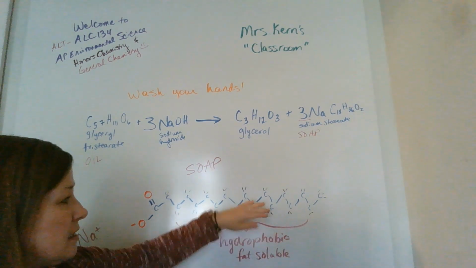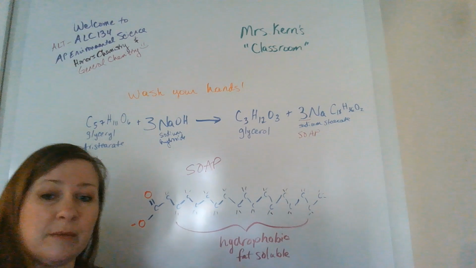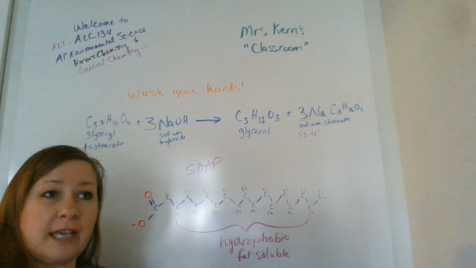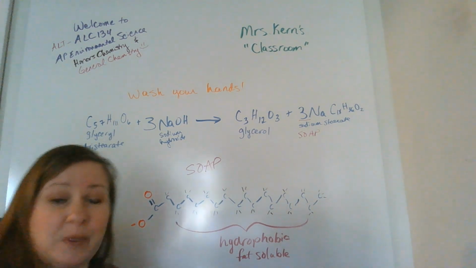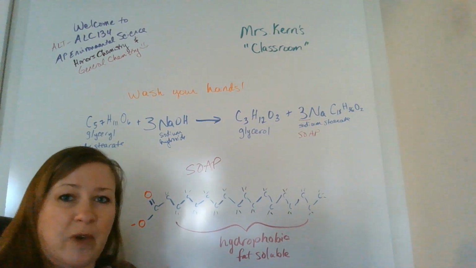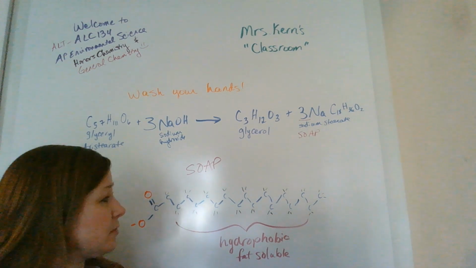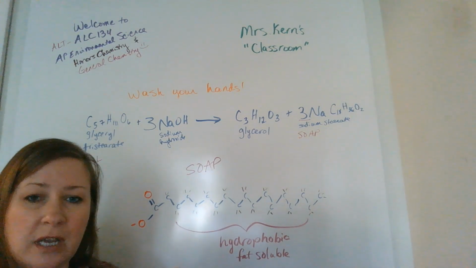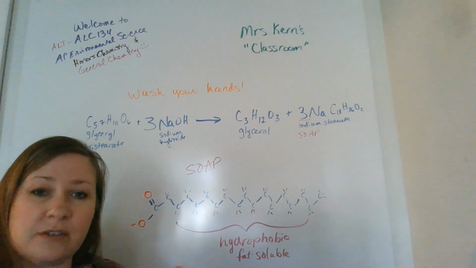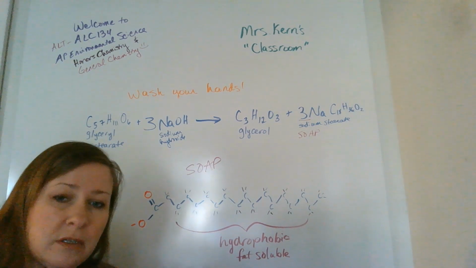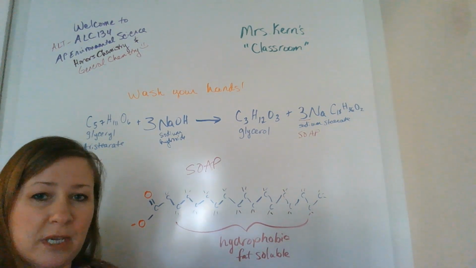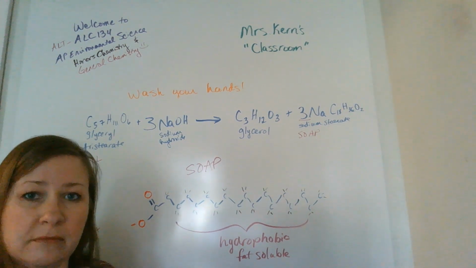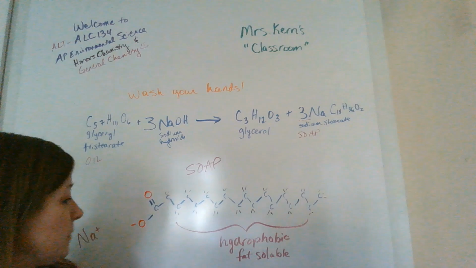In both cases, soap molecules will stick to those, and sometimes they'll even break them apart and open them up. And in the case of a virus, we're doing these videos because we can't have school because of a viral outbreak. So in the case of a virus, when you open up that exterior coating, all that's left inside is the RNA. And RNA is pretty fragile, and it's not going to be stable in the environment. So it makes that virus no longer able to be spread.